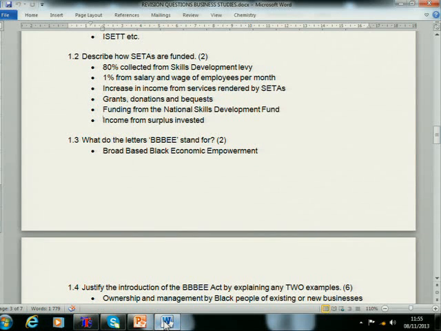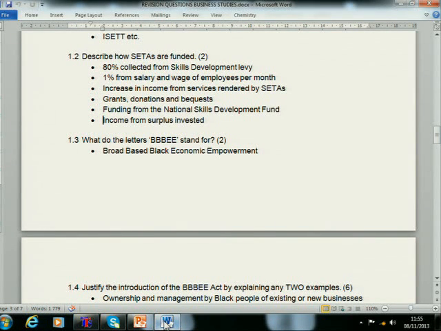What do the letters BBBEE stand for? It's one common question. Remember when we talked about abbreviations, that they are also important. More than once this question has been asked, and there are learners who are still not sure how to answer this one.